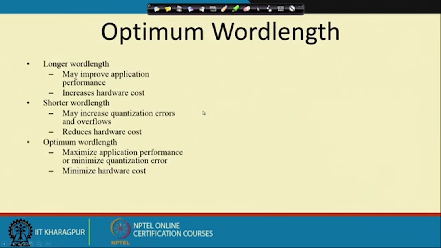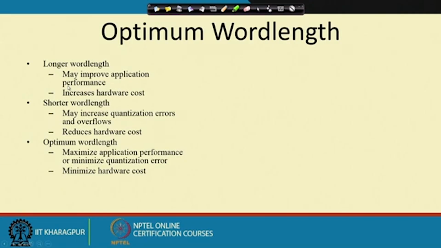Okay. So why do I need this optimum word length? Because a longer word length, like what we consider for the floating point number representation, may improve the application performance, as there is no algorithmic error. So the performance of that particular system will be good enough.